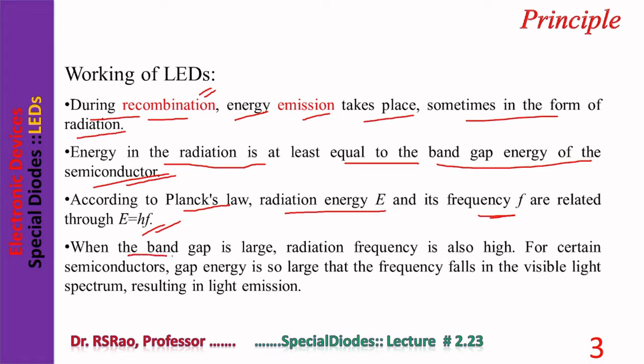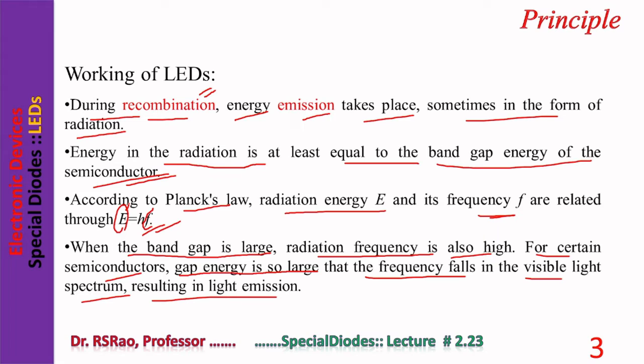When the band gap is large, radiation frequency also is high. For certain semiconductors, the gap energy is so large that the frequency falls in the visible light spectrum, resulting in light emission. So the point here is, light means high frequencies. Therefore, for the emission of light, energy must be high.